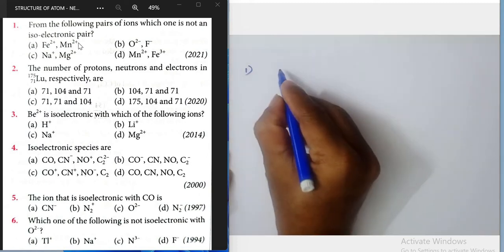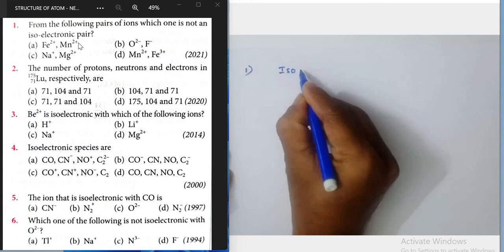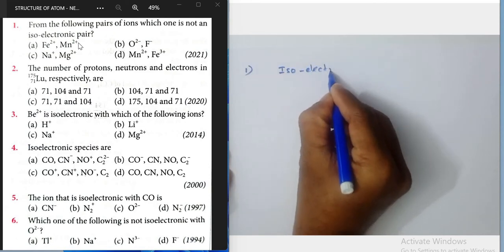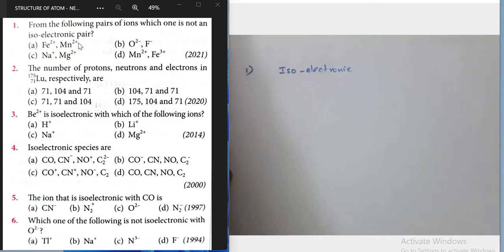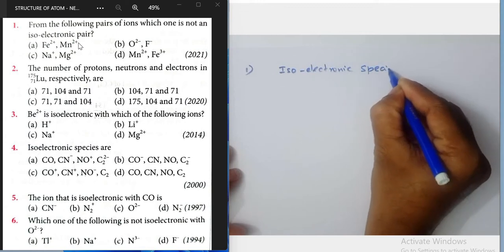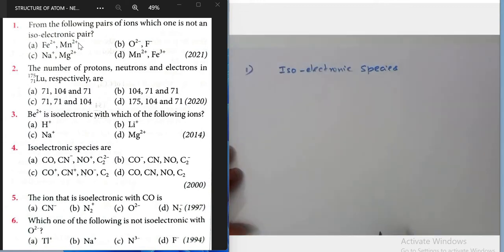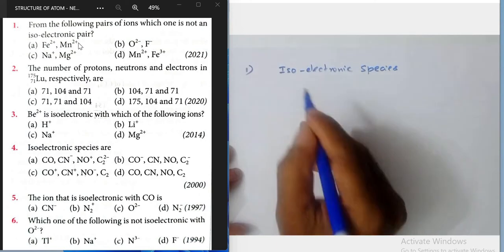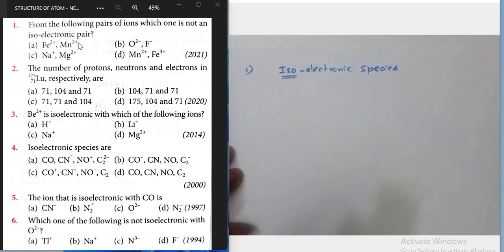So first of all, what is meant by isoelectronic species? Listen, iso means generally same.